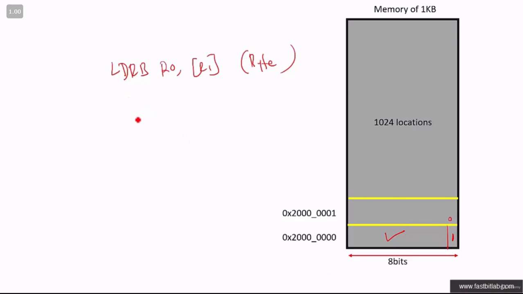After that, you'd be modifying the 0th bit. You'd be using one instruction, let's say the ORR instruction or something like that, to modify the 0th bit. And after that, you'd be executing store byte, STRB R0, R1. This is load, modify, and store.